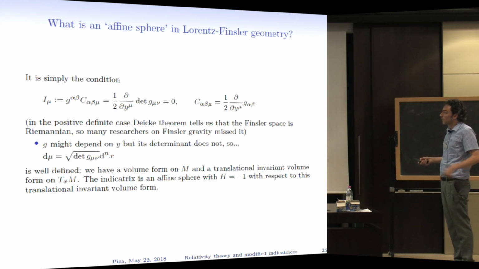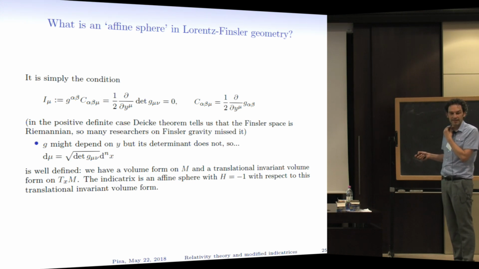In the Lorentz-Finsler case, we ask, what is the affine sphere condition from the Finsler point of view? This is the condition that the mean Cartan torsion vanishes, where the Cartan torsion is the derivative with respect to the vector variable of the metric. Now, it is known that in positive signature, Deicke's theorem tells you that under this condition, mean Cartan torsion equal to 0, your space is Riemannian.